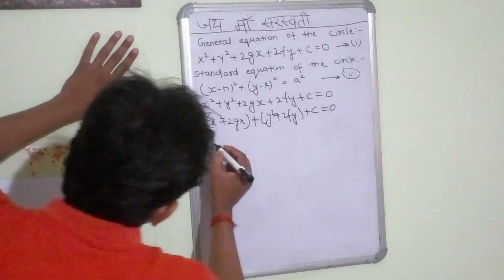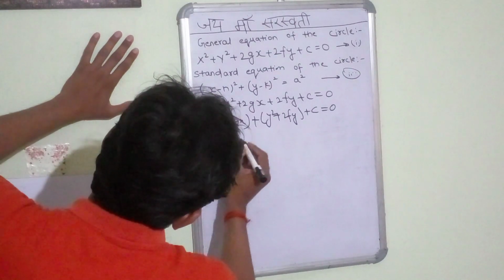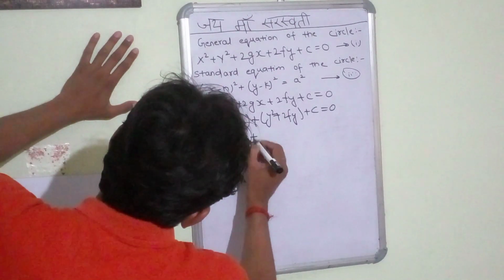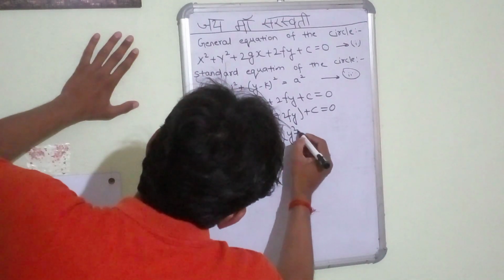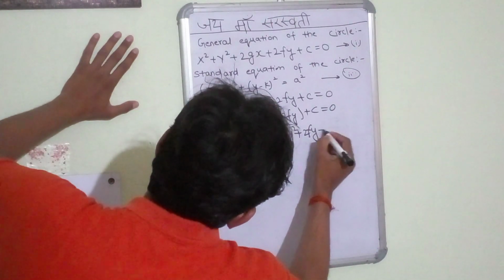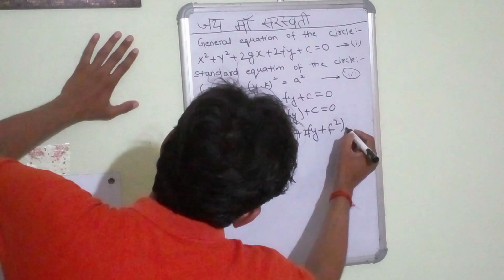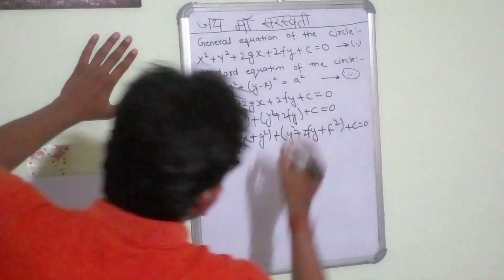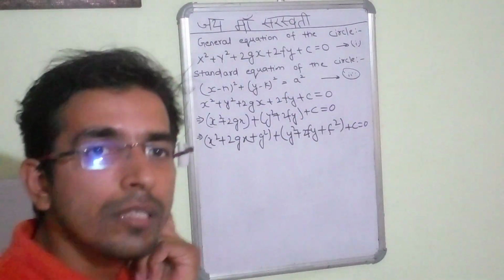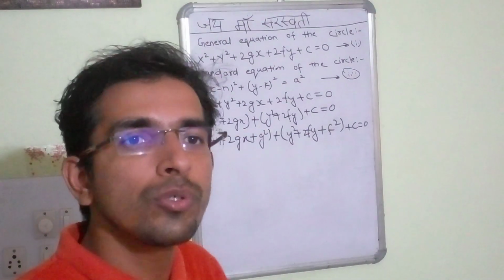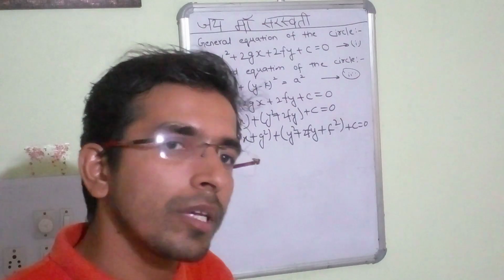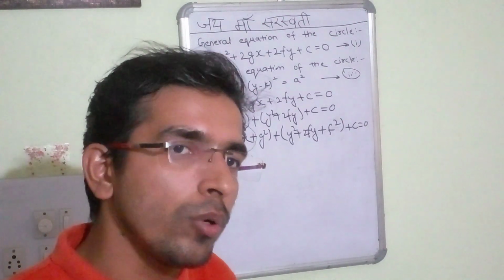So we will be writing here x square plus 2gx plus g square plus y square plus 2fy plus f square plus c is equal to 0. Now we had added the quantities g square and f square so as to transform this equation into the form of a plus b the whole square.